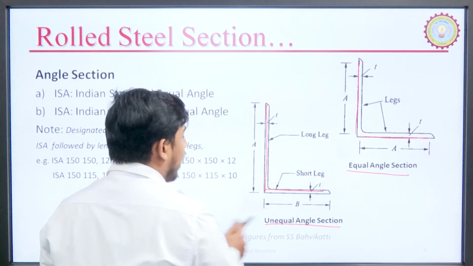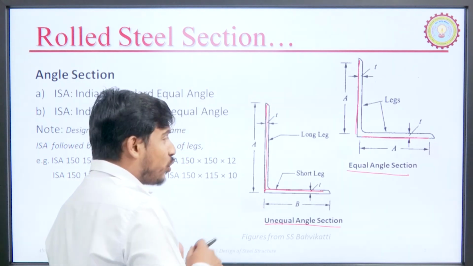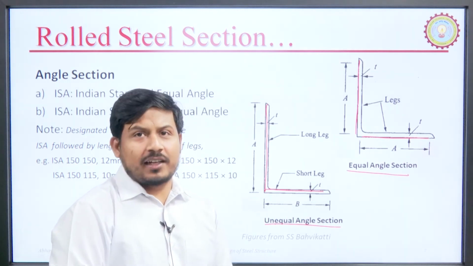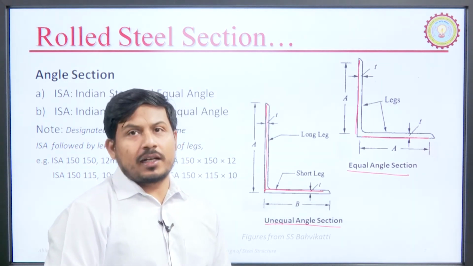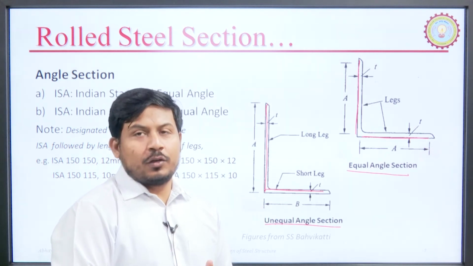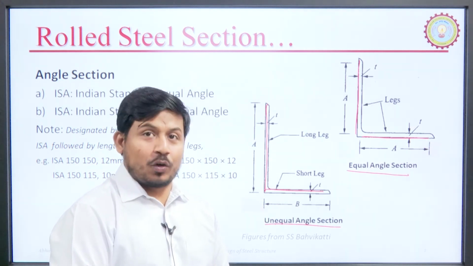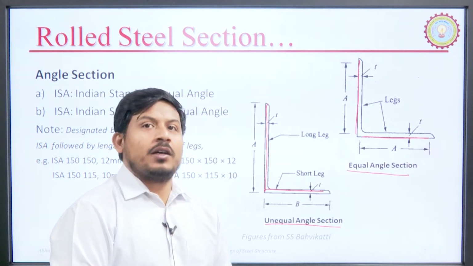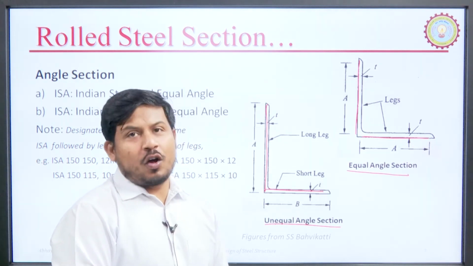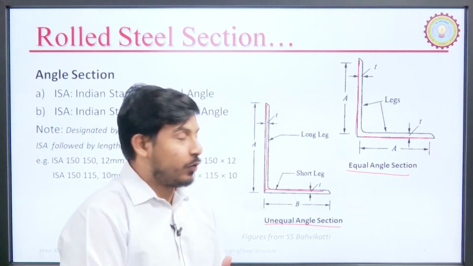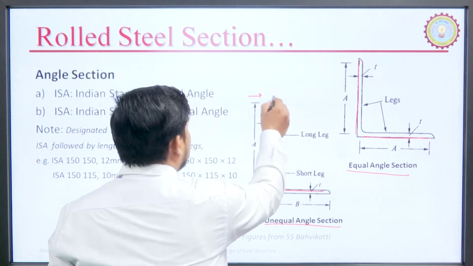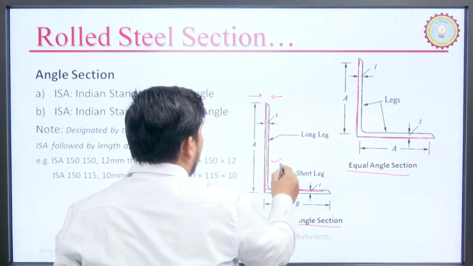So, for the designation of the angle section, we must mention the length of the legs through which the angle section is formed. Also, there is one more thing used for the designation, that is the thickness of the legs. In most angle sections, generally the thickness of both the legs is constant.